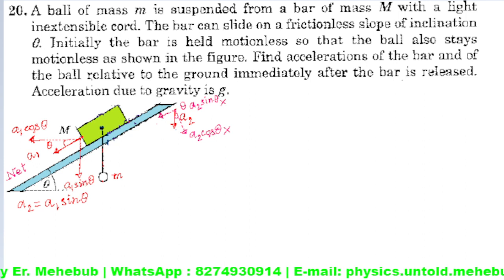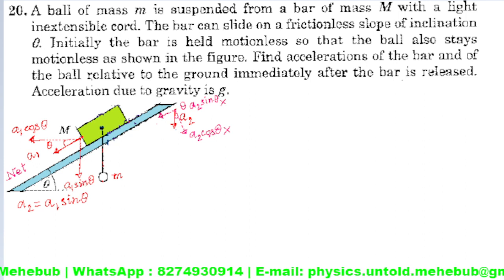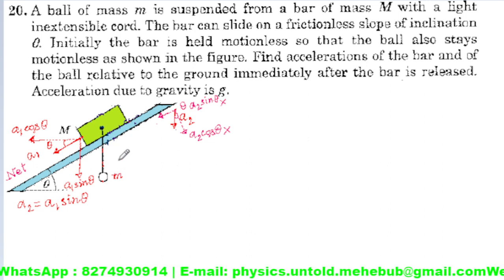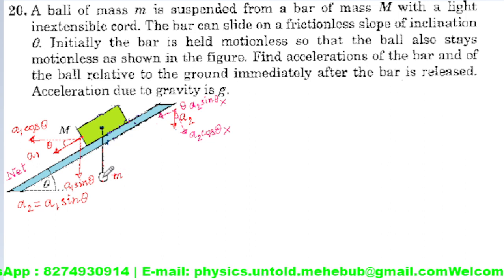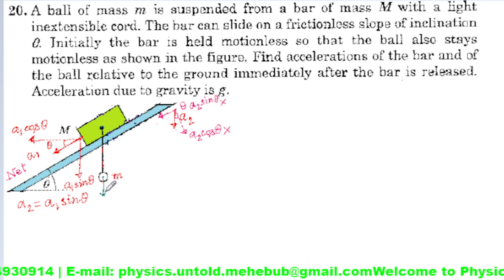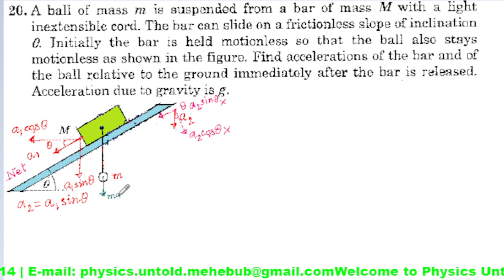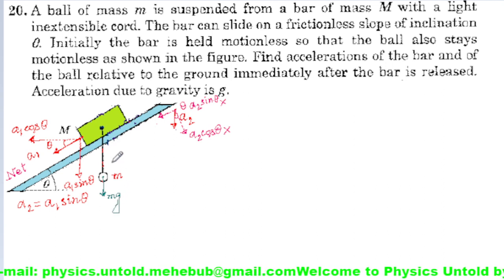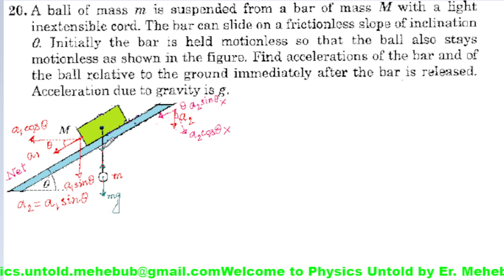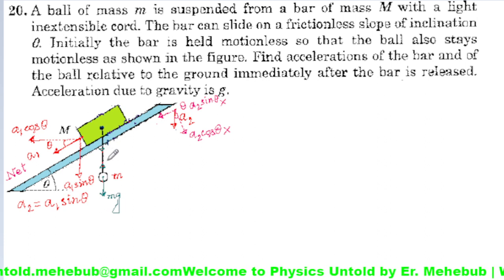Now let us draw the FBD for this diagram. For mass small m, there is a weight mg acting vertically downward, and there is a tension force T acting in the vertically upward direction.